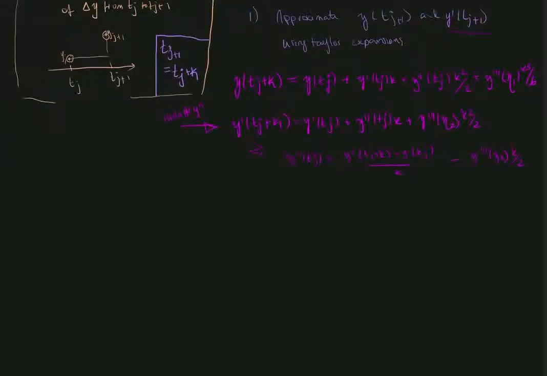Okay, so what do I do now? Well, now I go on to my next step, which is to say that I want to plug y prime of tj back into the expression that involves y of tj plus k.